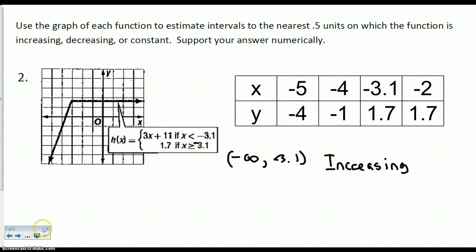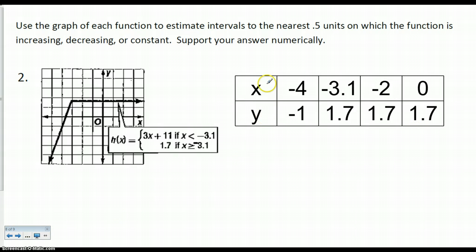So let's look at the next one. In this case, I just plugged in values from negative 3.1. I plugged in negative 4, which was the integer before it, and went all the way to negative 2 and 0. From negative 4 to 1.7, it looks like it's increasing, but then from negative 3.1 all the way to 0, it has the same y values.